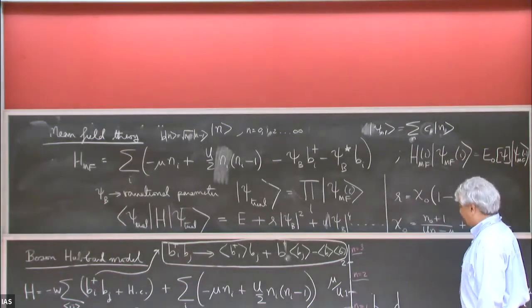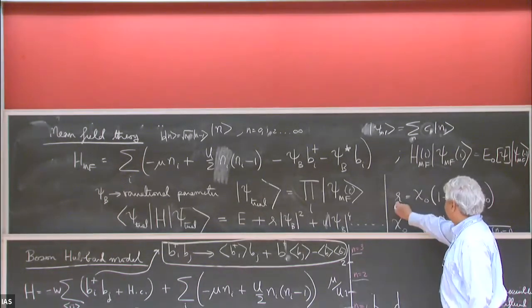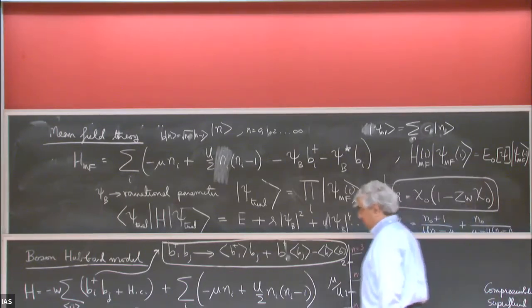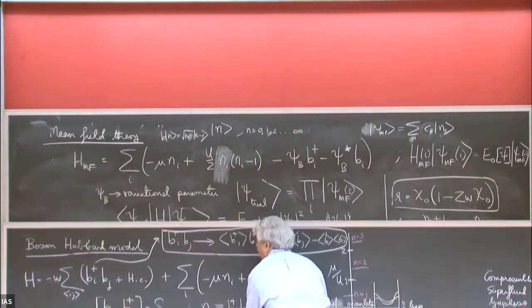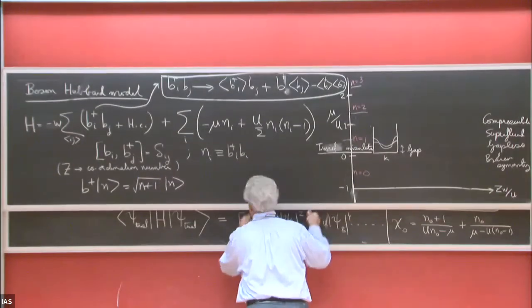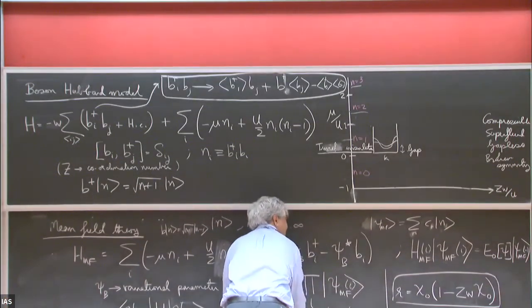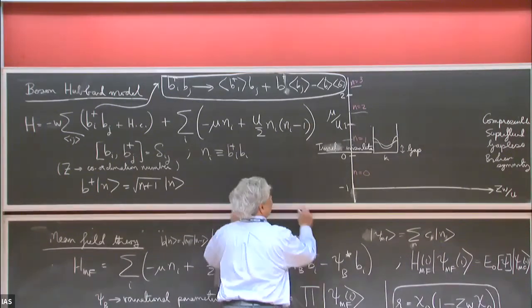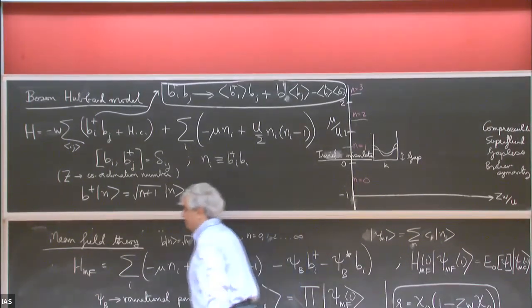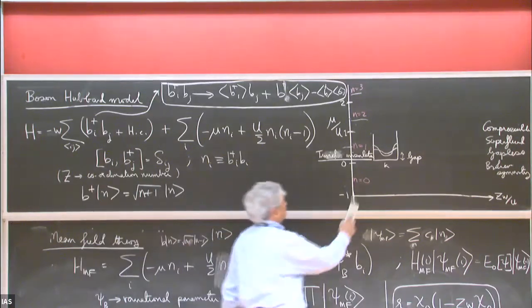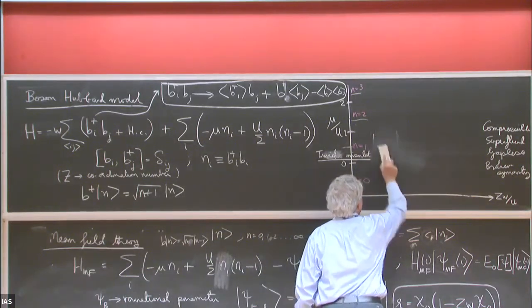I'm just going to plot in this phase diagram here the locus of the curves r equals 0. Let me remove all this.